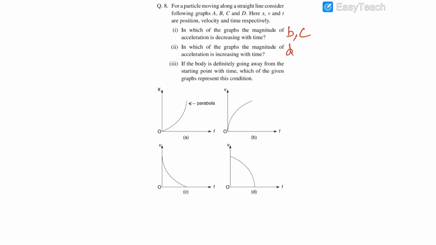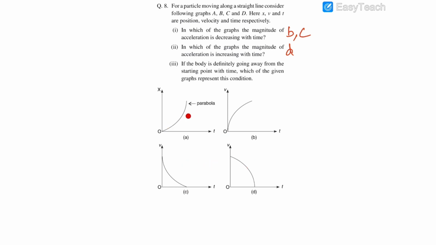And if this body is definitely going away from the starting point with time, then which of the graph represents this condition? See, this body has started from some point, and in all of these four graphs velocity is positive. You can see that velocity is, although in this graph it is decreasing, in this graph also it is decreasing, but it is positive, which means that object is moving in the forward direction.